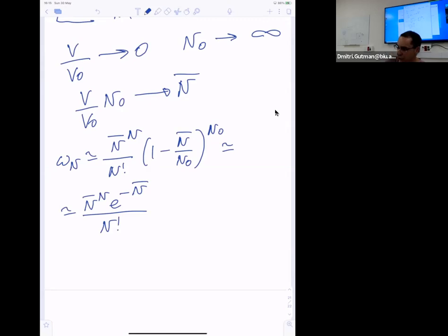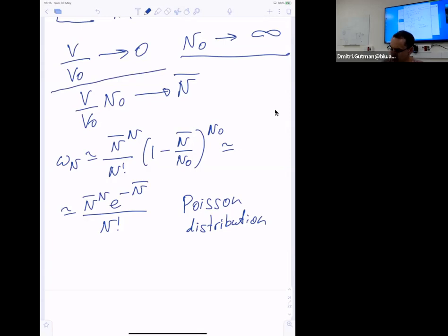And this distribution is called Poisson distribution. So it essentially describes a probability of having an event where there's an extremely large number of attempts and an extremely small probability of success, and the product of these two quantities is finite.